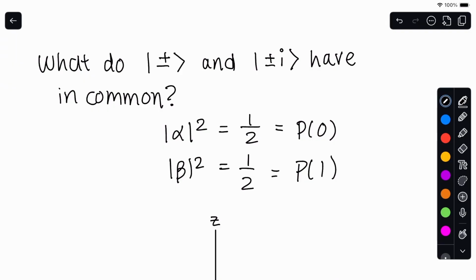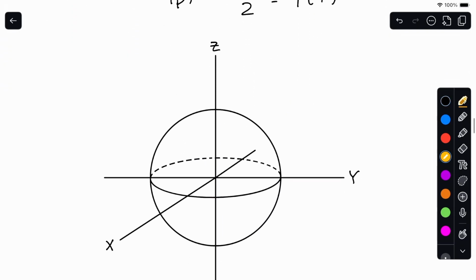So all 4 of those states are equal superpositions of 0 and 1. More generally speaking, any state that lies on the equator of the Bloch sphere is going to be a 50-50 chance of measuring 0 or 1. And then if you lie somewhere in the upper hemisphere, you'll be more likely to measure 0. And if you lie somewhere in the lower hemisphere, you'll be more likely to measure 1.